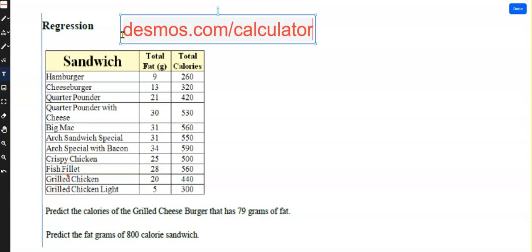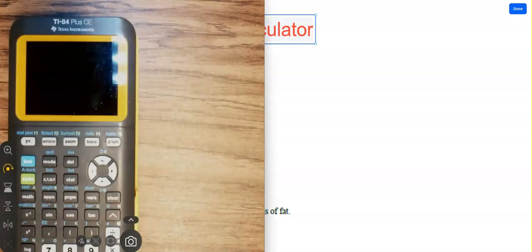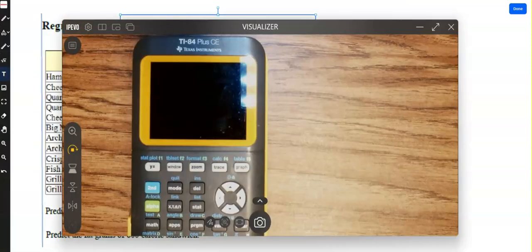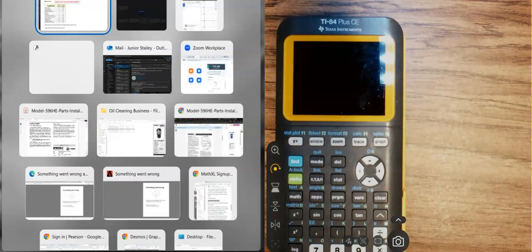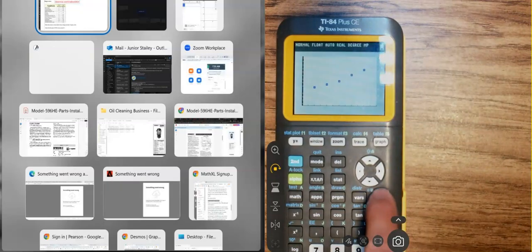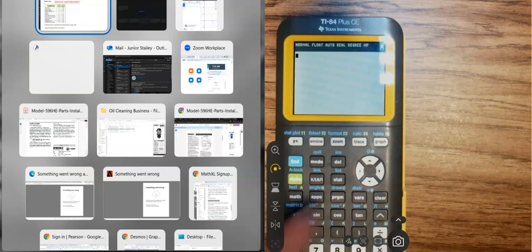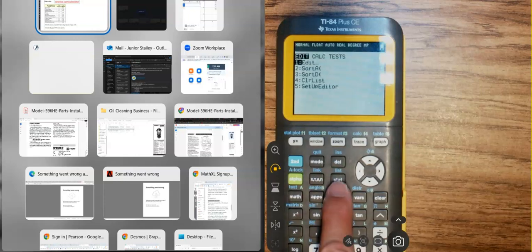Now, if you're entering in the data with a graphing calculator, and you don't remember how to do that, we would do that like this. Okay, so let's clear this out. Stat. That stat button is kind of in the middle towards the top.